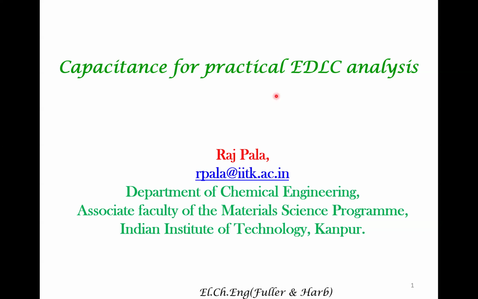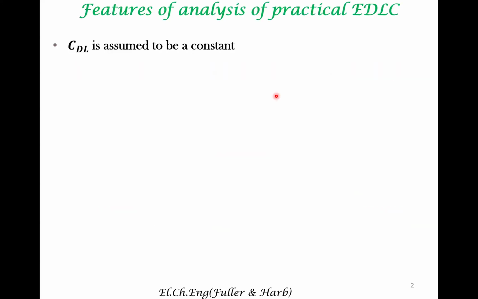In this brief lecture, we will look at how to analyze a practical electrochemical double layer capacitor. We would make this assumption that the capacitance of a double layer is assumed to be a constant. That is, it is independent of voltage.